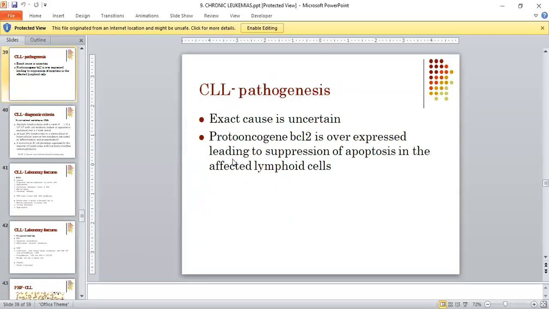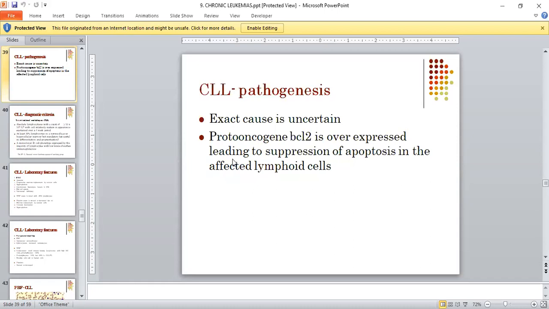So for CLL, the exact cause is uncertain, but the proto-oncogene BCL2 is overexpressed, leading to the suppression of apoptosis in the affected lymphoid cell.